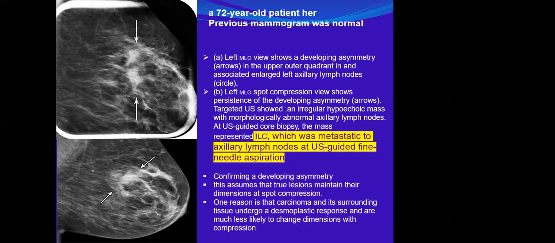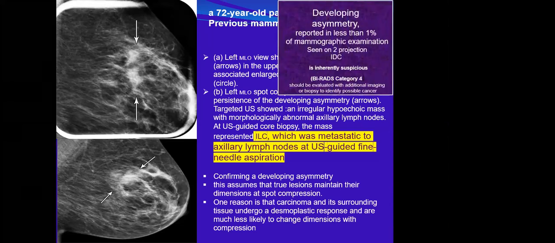One reason is that carcinoma and surrounding tissue undergo a desmoplastic response, making it much less likely to change in dimension on compressions. So we are dealing with a developing asymmetry, in this case due to invasive lobular carcinoma.